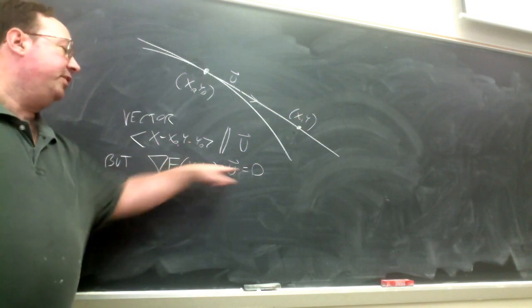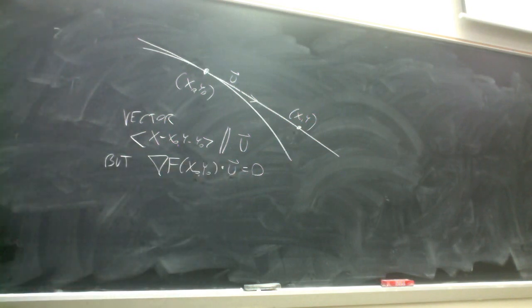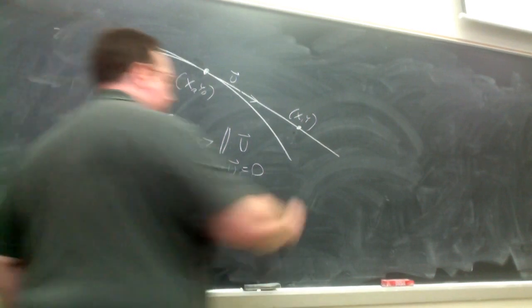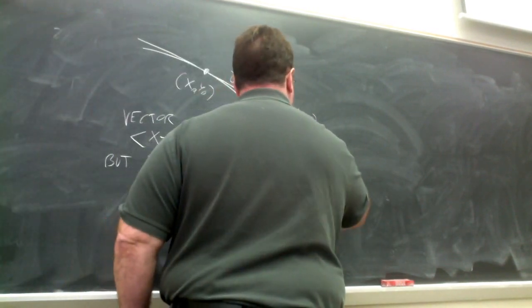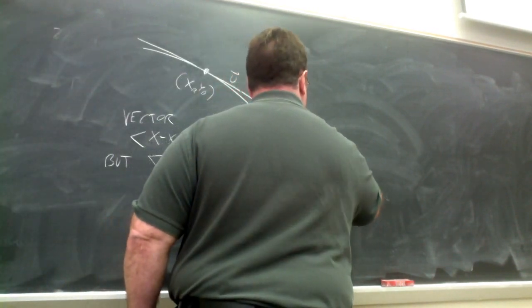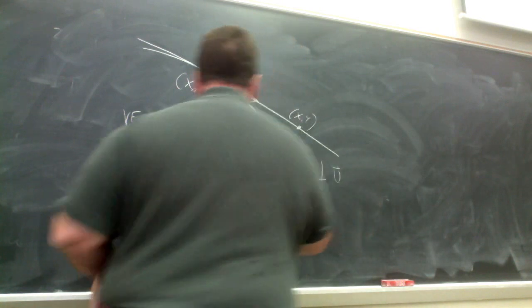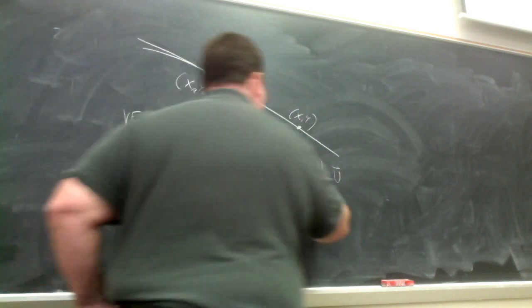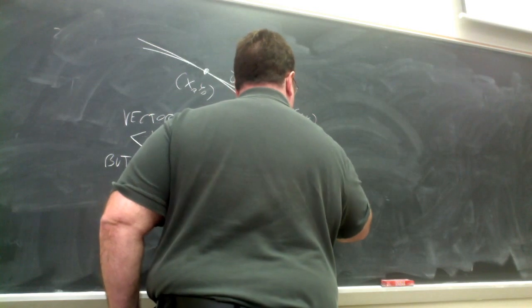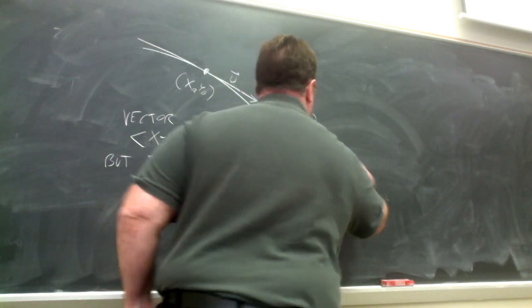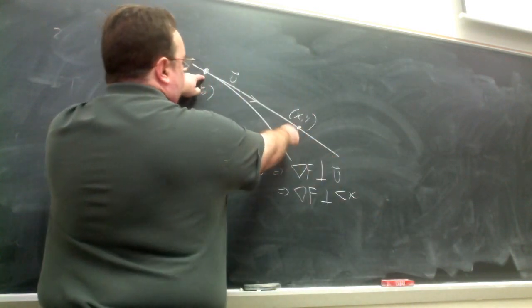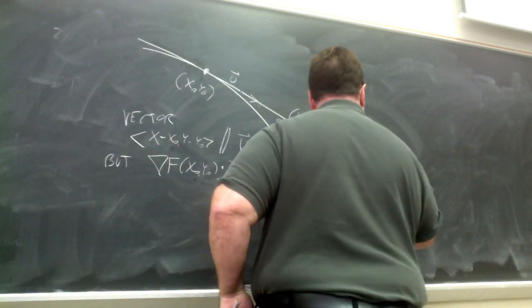When two vectors have a dot product of 0, this came up on Friday, what must be true of those two vectors? Well, how do they relate to each other? They're perpendicular or orthogonal. So we have gradient of f at this point perpendicular to u, and these two vectors are parallel. So the gradient of f must be perpendicular to this vector, the vector from our point of tangency to our point on the line.